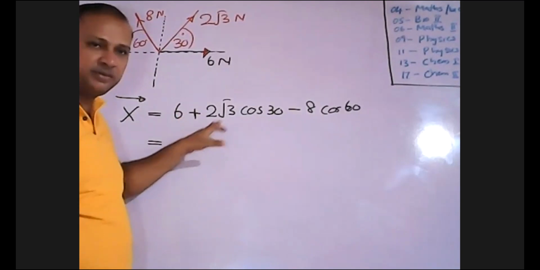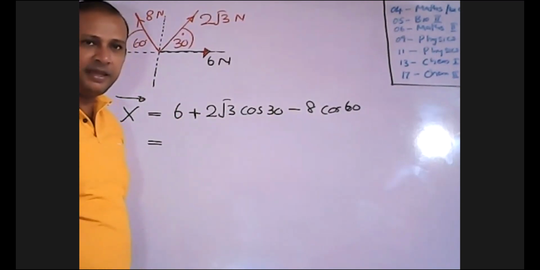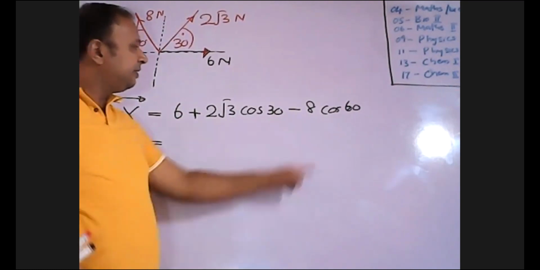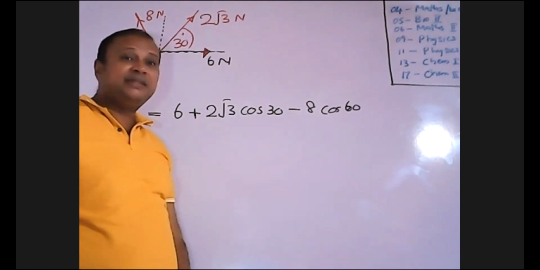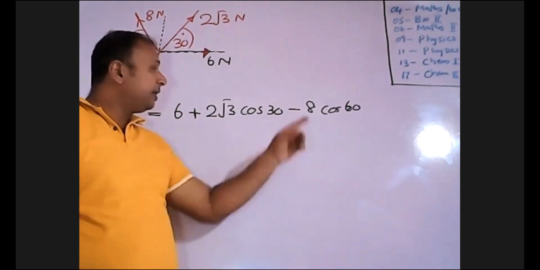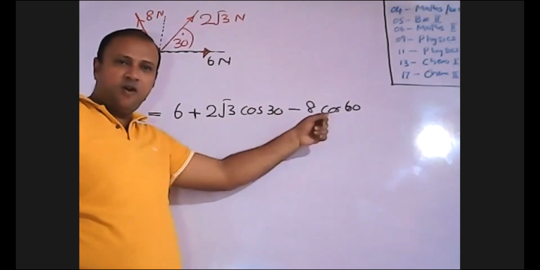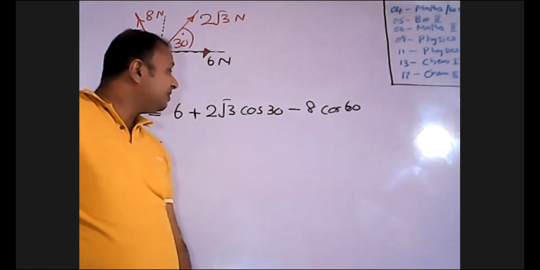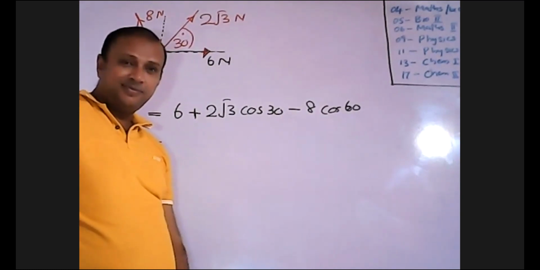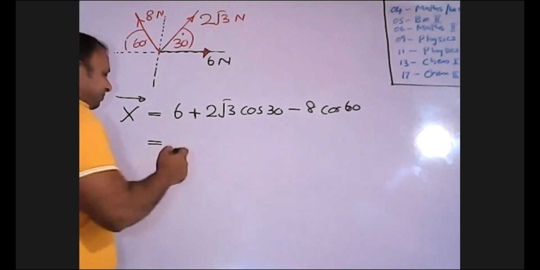That means 6 plus 3 is 9. Then 8 into half, that means 8 divided by 2, that means 4. 9 minus 4. What is the answer? 5, no?